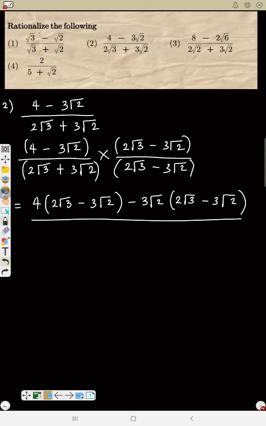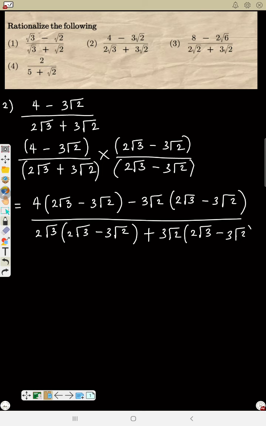Then everything divided by, now multiply this also, 2 root 3 times everything here. So that will be 2 root 3 bracket 2 root 3 minus 3 root 2, plus again 3 root 2 times everything here. So that will be 3 root 2 bracket 2 root 3 minus 3 root 2.